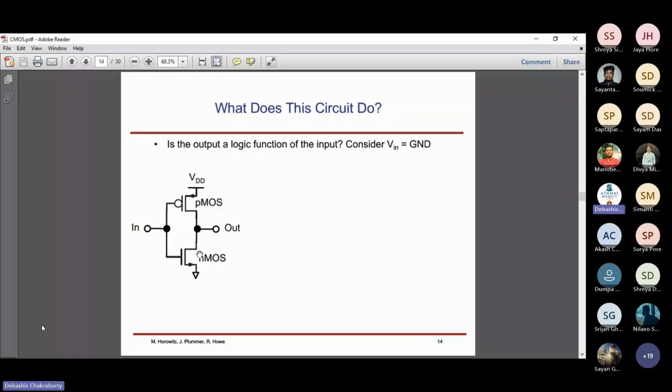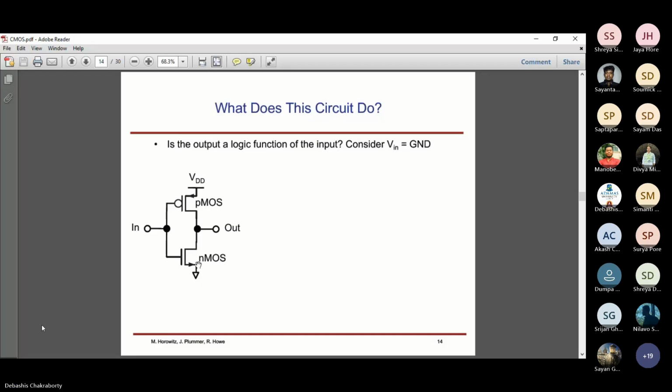On the top there is PMOS, and this is the source terminal of the PMOS, which is connected to VDD, isn't it? At the bottom there is an NMOS. This is the source terminal, the arrow is coming out, so that is an NMOS device, and you know that for the NMOS device the source is connected to ground.